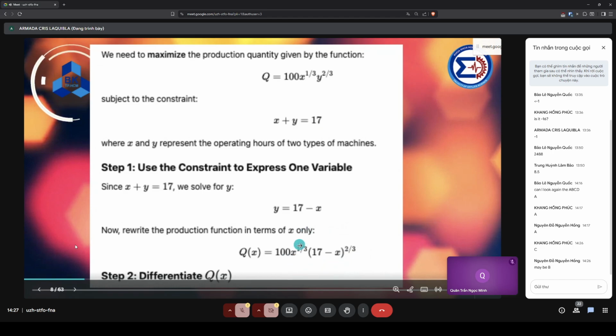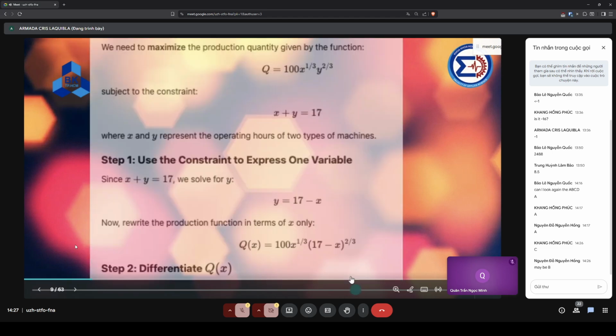You can make it like x to the 1/3 first times the derivative of this plus this one times the derivative of x to the 1/3. But in the solution here, they write this one first, and then multiply the derivative of x to the 1/3. Yeah, it's fine. So you can interchange that one, right?